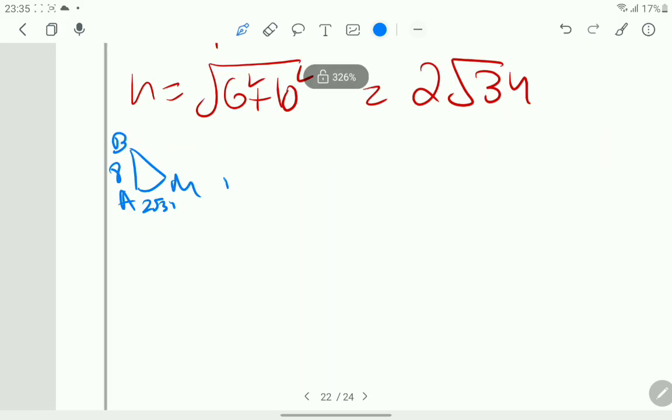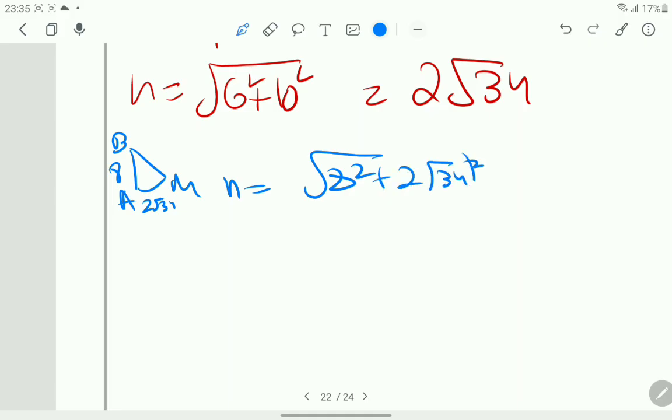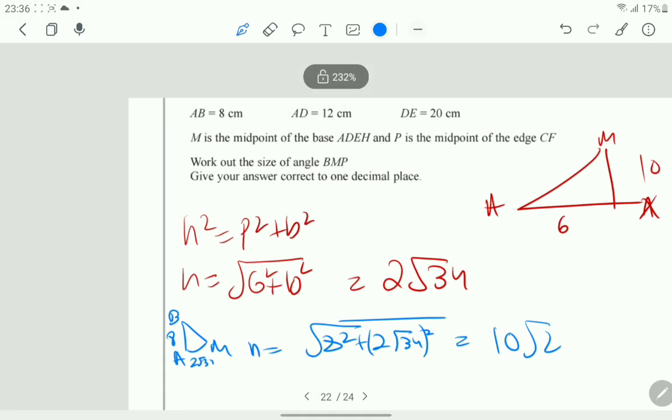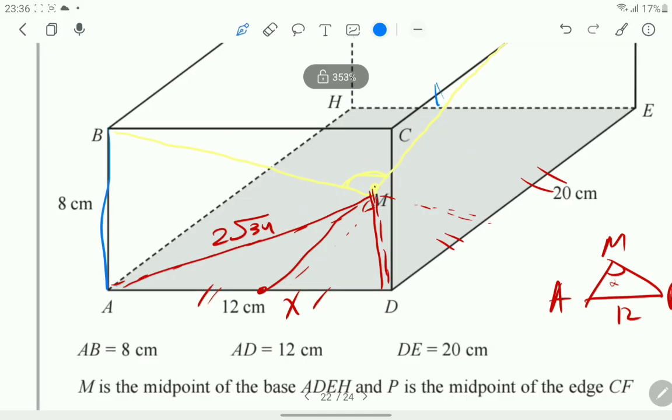So using another formula, we get h equals the square root of 8 squared plus (2 root 34) squared. Solving this would give us the length of BM. Ten root 2. Let's label this.